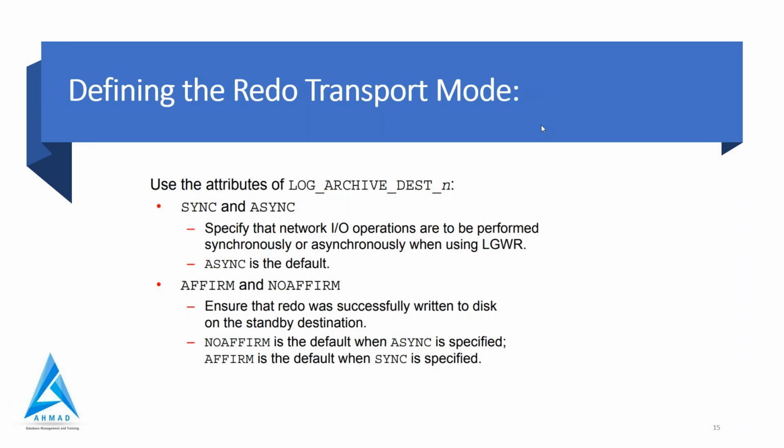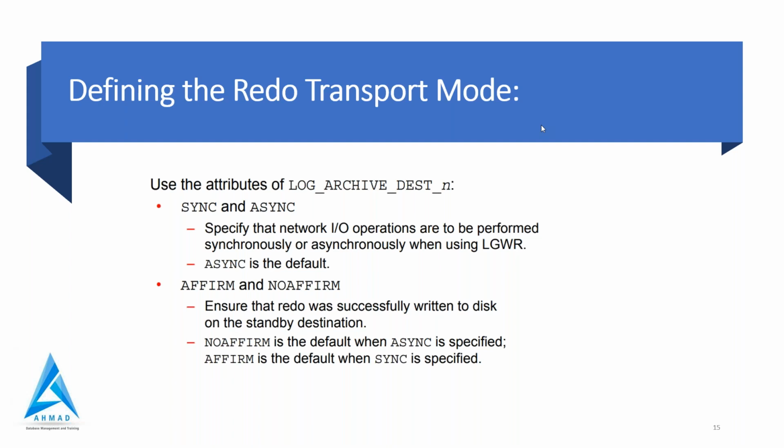Now, defining the redo transport mode. As I said, sync, async. Sync, basically, these parameters specify whether the network IO operations are to be performed synchronously or asynchronously when using LGWR, and async is the default value. And with that, you are assigning affirm, no affirm, to ensure that redo was successfully written to disk on the standby destination.